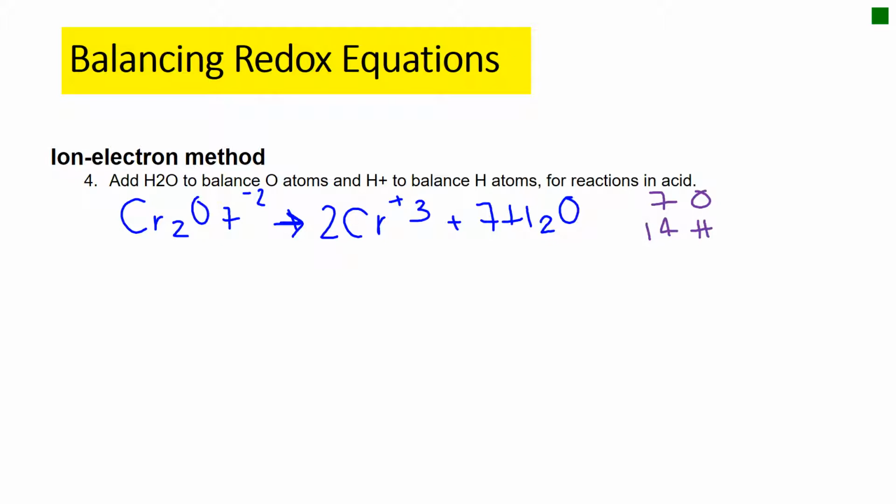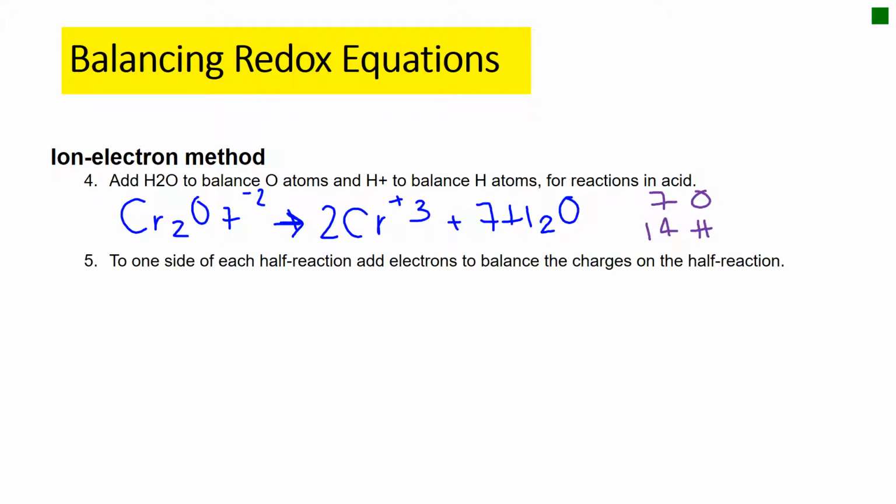Now our fifth step is going to, on one side of each half reaction, add electrons to balance the charges of the half reaction. So it is going to look like this. Cr2O7.